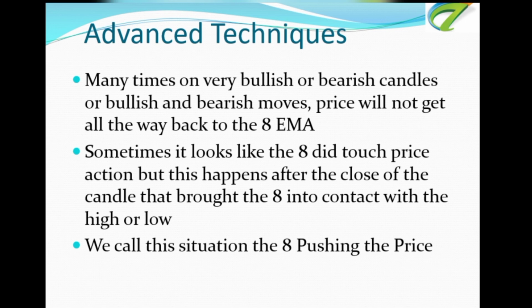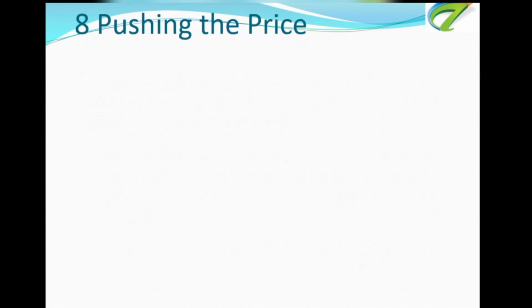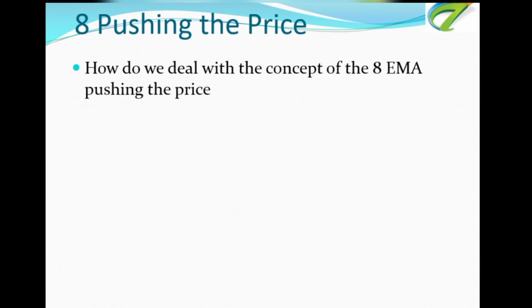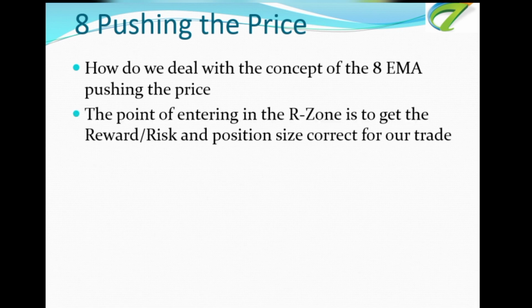This is the new concept and very powerful, especially in floating the profit for multiple target trades, where we have T1, T2, or sometimes T3 as well. So 8 pushing the price. How do we deal with the concept of the 8 EMA pushing the price?